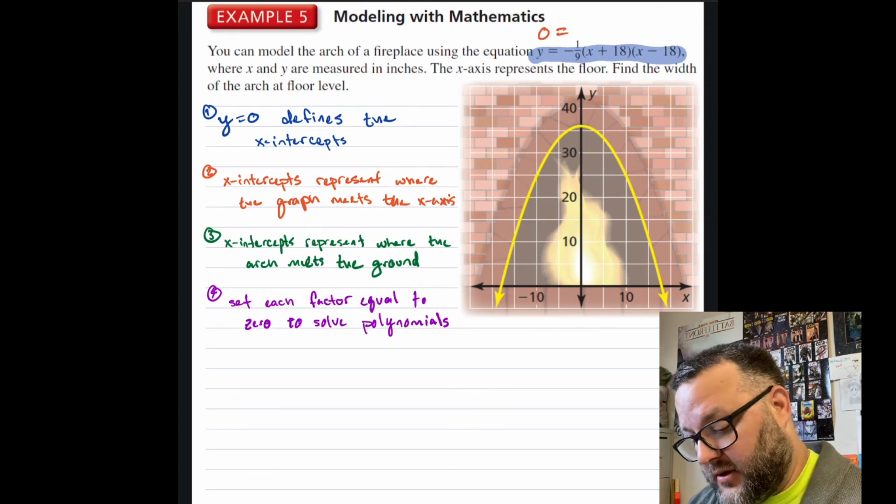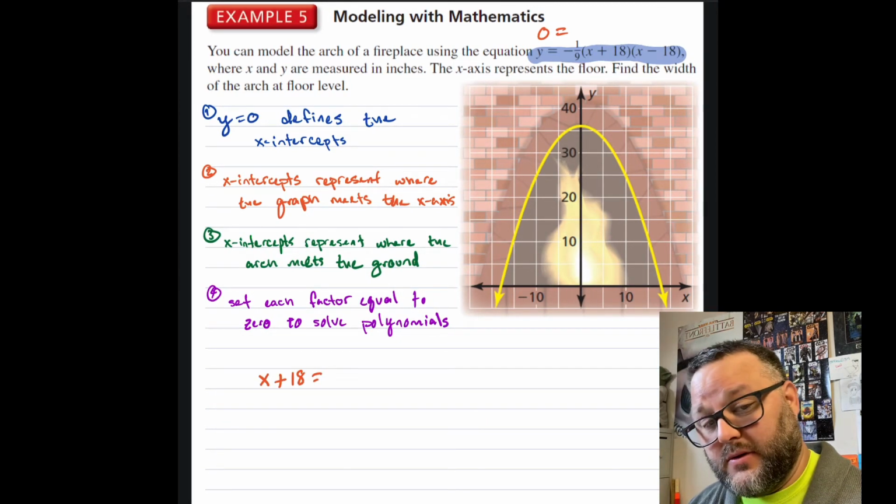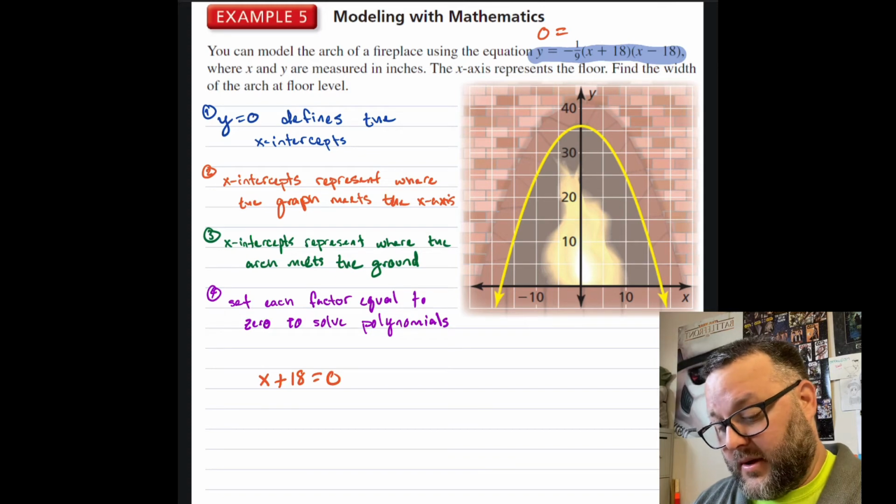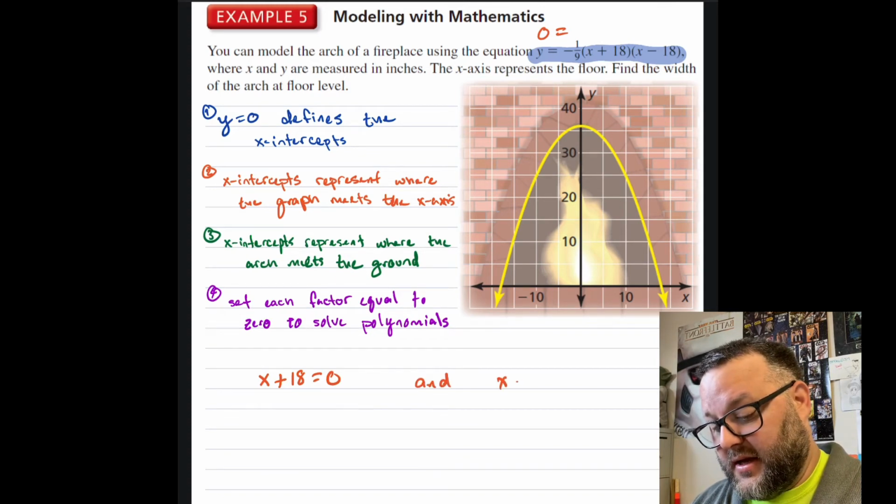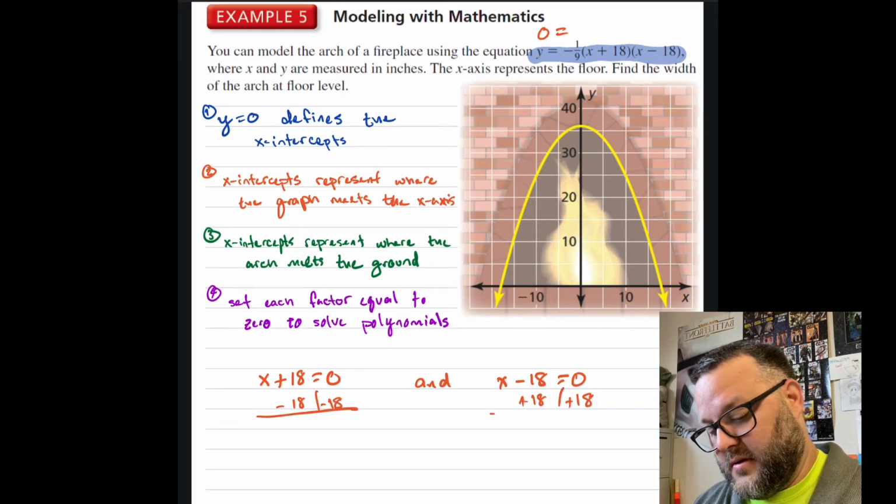We're worried about solving x + 18 = 0 and x - 18 = 0. So I'm going to create my 0 pairs in both of these equations and find out that x is equal to 18 and x is equal to -18.